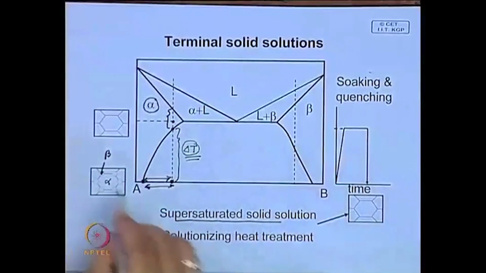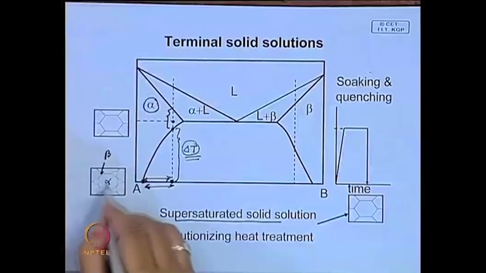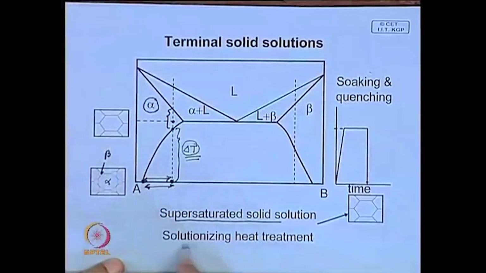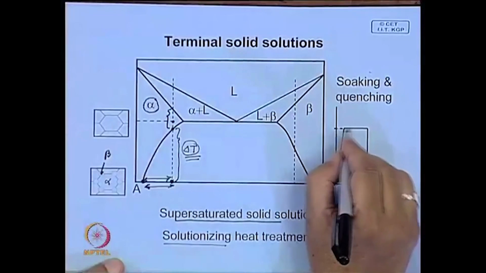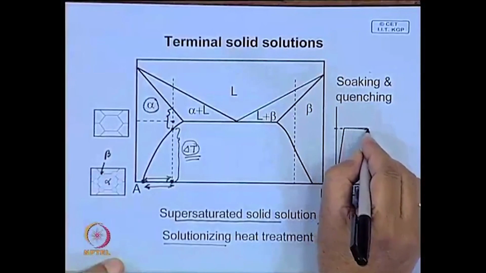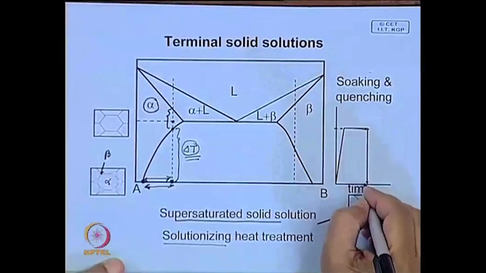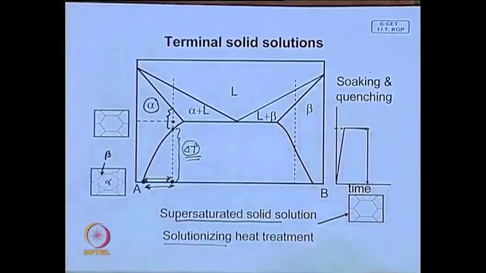Now, this process of forming a supersaturated solution is known as solutionizing heat treatment. Here you soak it, you give the solutionizing treatment, and then you quench, and by this process it is possible to get an unstable solid solution. And now, what happens?